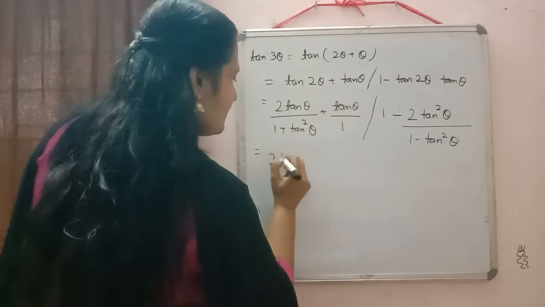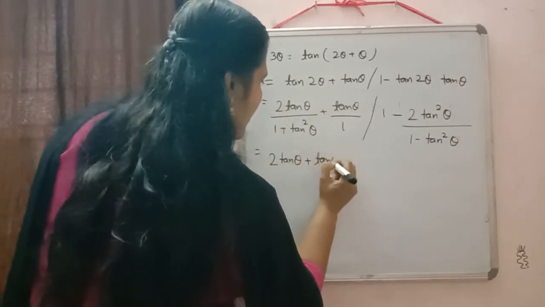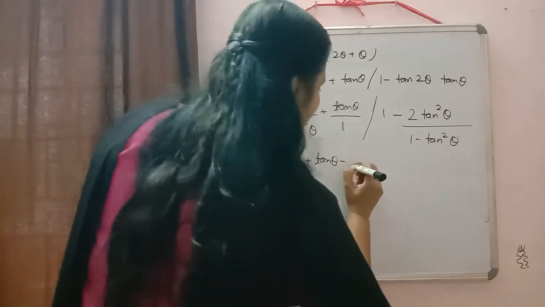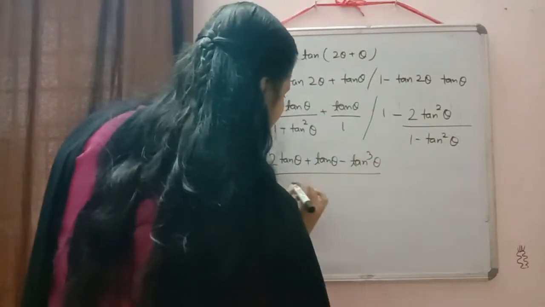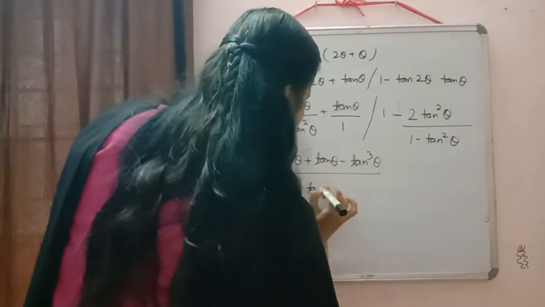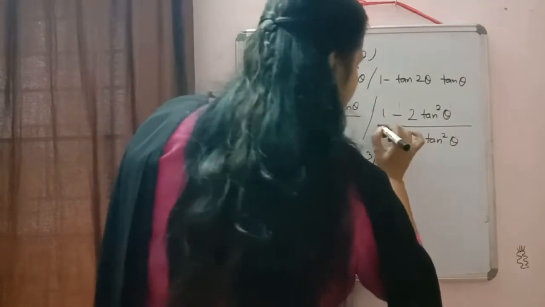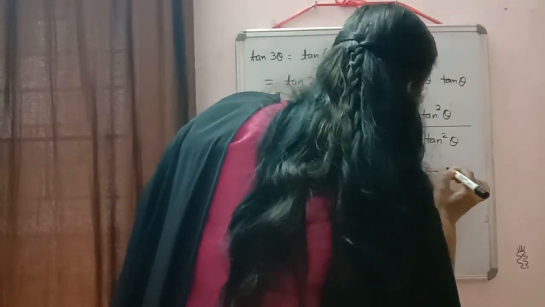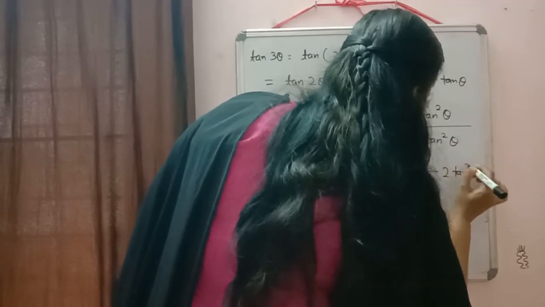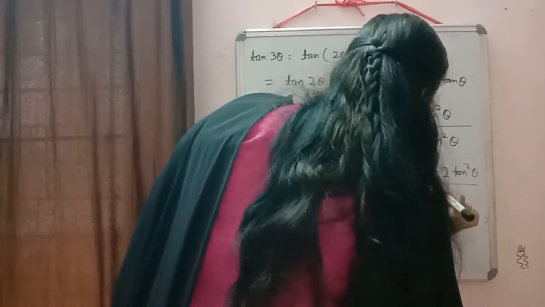Then it will come 2 tan theta plus tan theta minus tan cube theta by 1 minus tan square theta, whole divided by 1 minus tan square theta minus 2 tan square theta by 1 minus tan square theta.